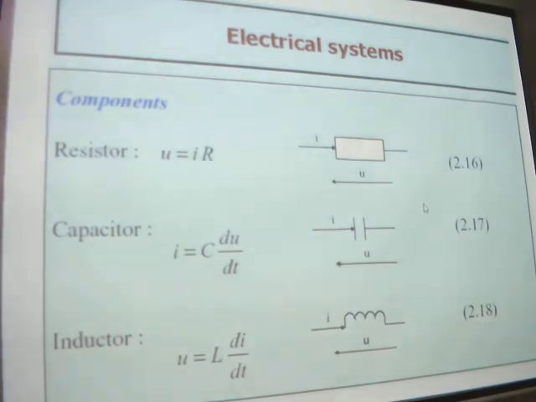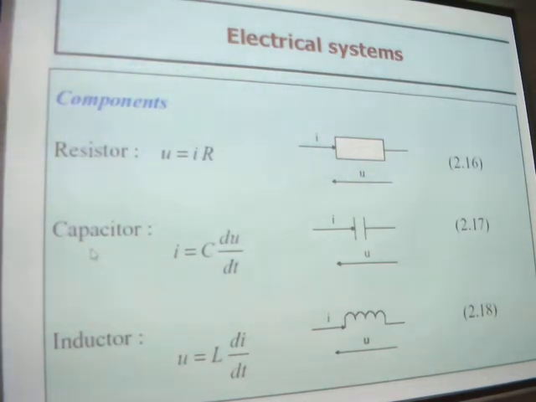Next, we show the resistor, capacitor and inductor components. Now, the first component is the resistor, used like this figure. It satisfies this equation: U equals IR.